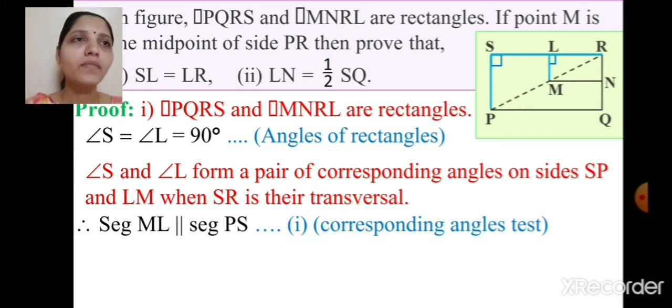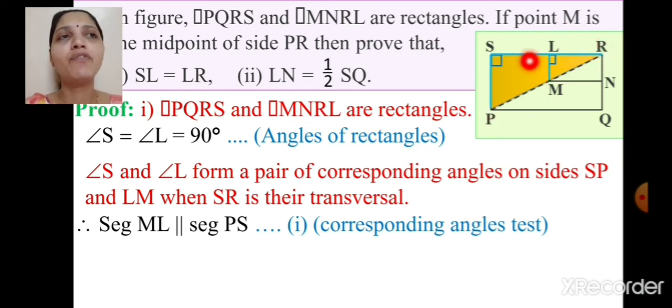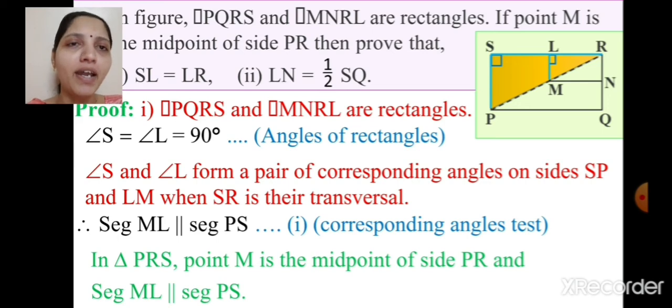Okay. Now, you have to consider this triangle PSR because we have to show that point L is the midpoint of side SR. Okay, and we know that point M is the midpoint of side PR. Okay, so if you show this line LM is parallel to SP, then by converse of midpoint theorem you can show that point L is the midpoint of SR. Okay, so let's write here in triangle PRS, point M is the midpoint of side PR and seg ML is parallel to seg PS.